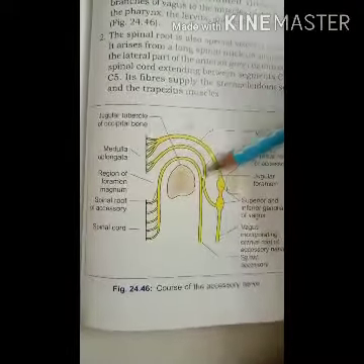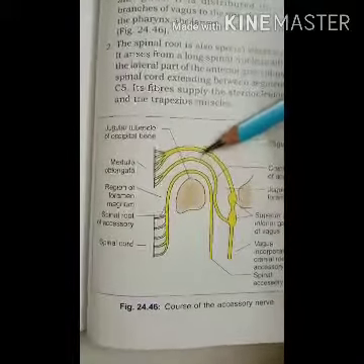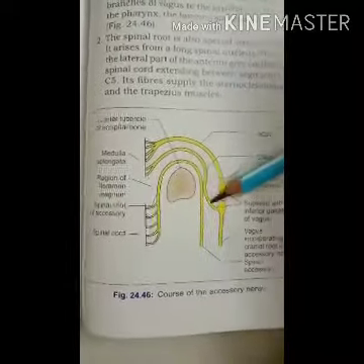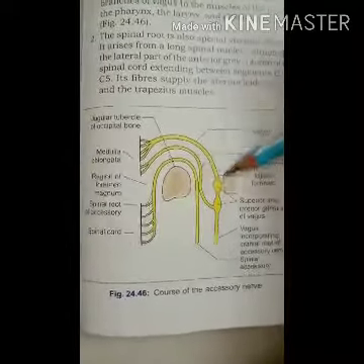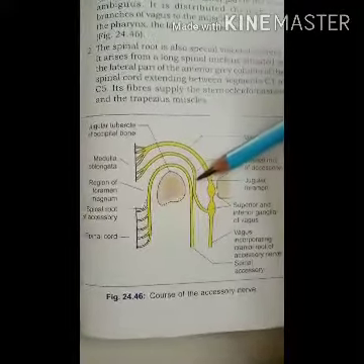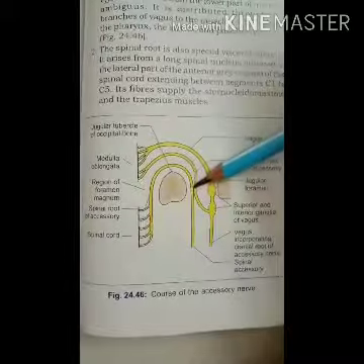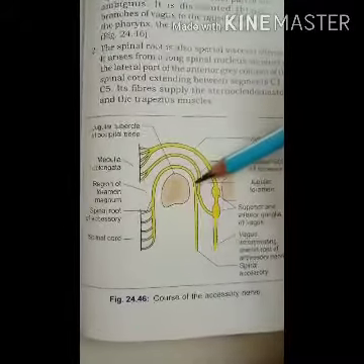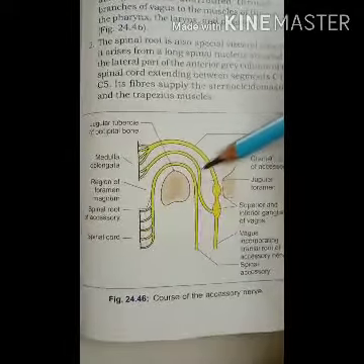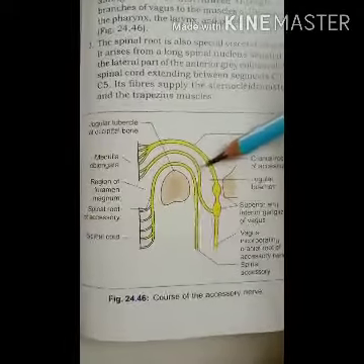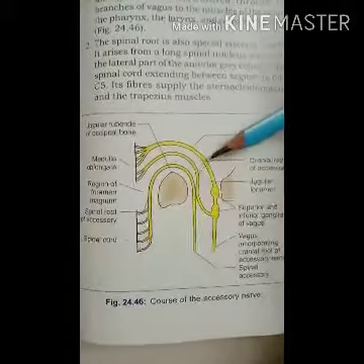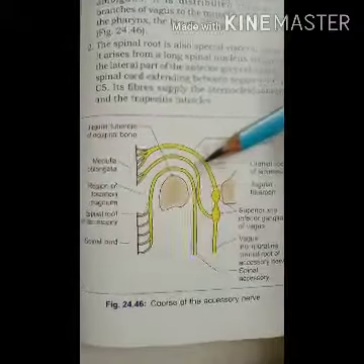The spinal root leaves the skull through the jugular foramen, where it fuses with the cranial root of the spinal accessory nerve. The two roots fuse with each other, and the combined trunk comes out of the cranial cavity through the middle compartment of the jugular foramen, enclosed in the dural sheath along with the vagus nerve.